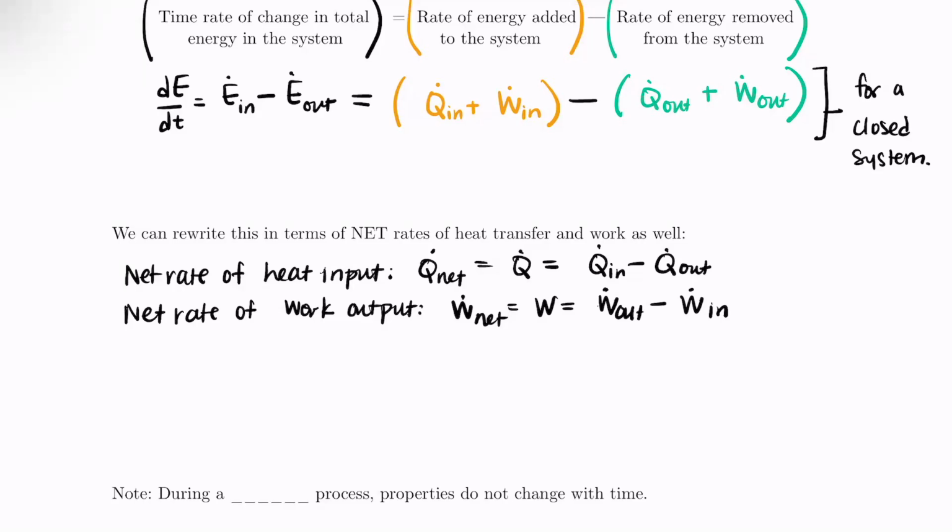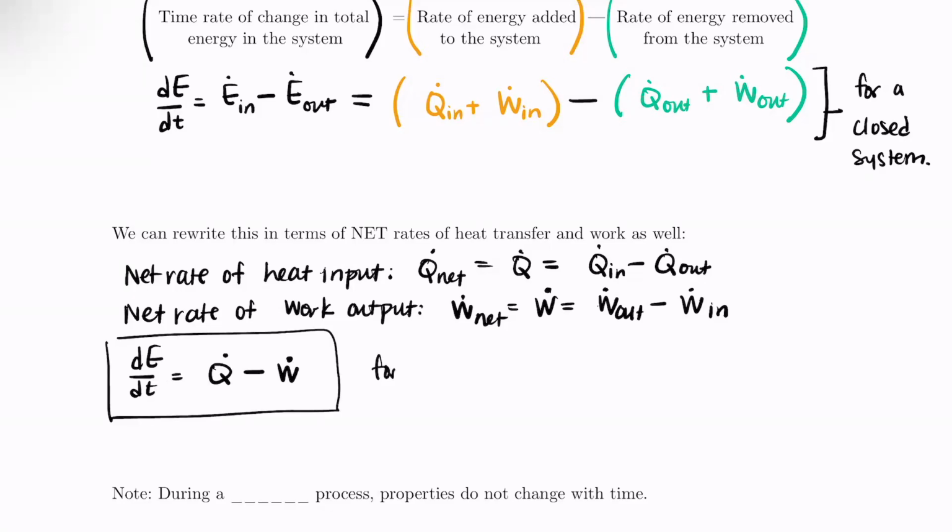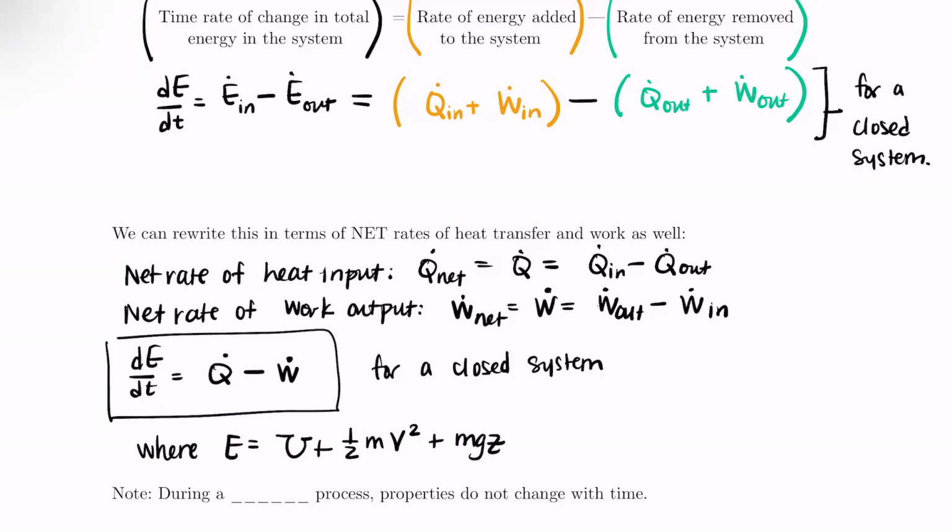All right. So this means that dE dt is equal to Q dot minus W dot. Again, for a closed system. And here, E is the same definition that we've talked about a bunch of times. So we have internal energy plus 1/2 mv squared plus mgz.